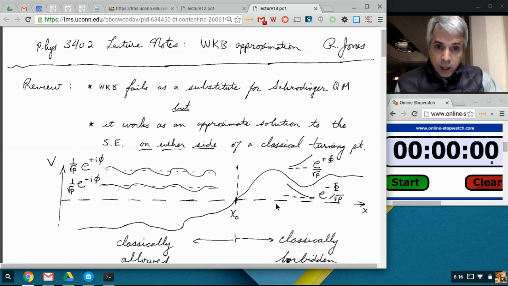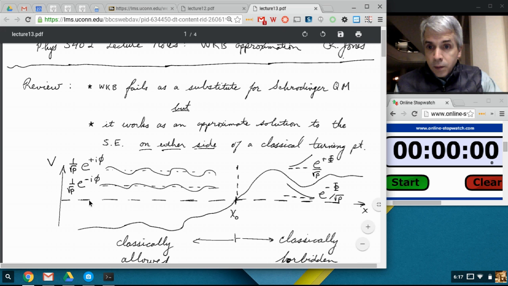So the oscillating solutions on the left side in this example have the classic WKB form, 1 over the square root of p, where that p really just measures the depth from the energy all the way down to the ocean floor here, which is the v at that point in x.